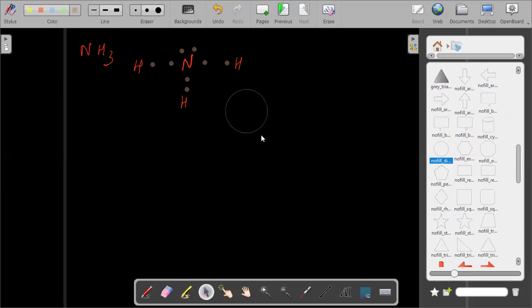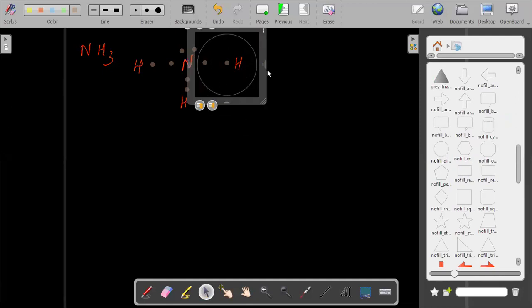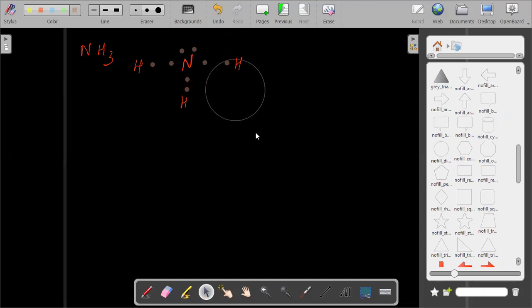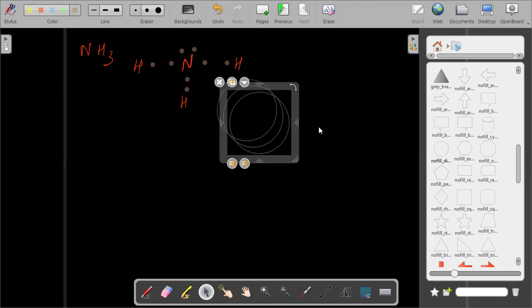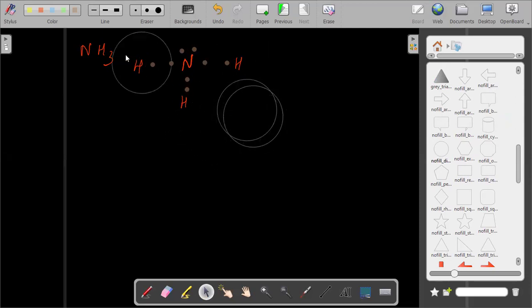So see, this is our nitrogen. Let's see for hydrogen. This one is for hydrogen, and this one is for hydrogen.